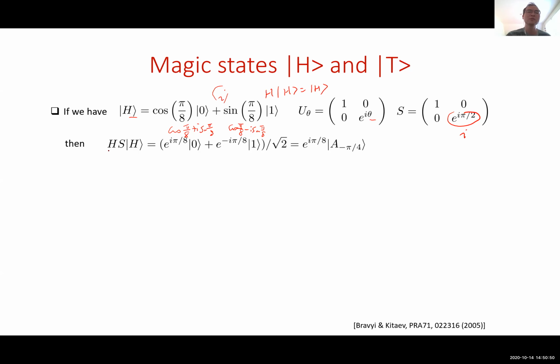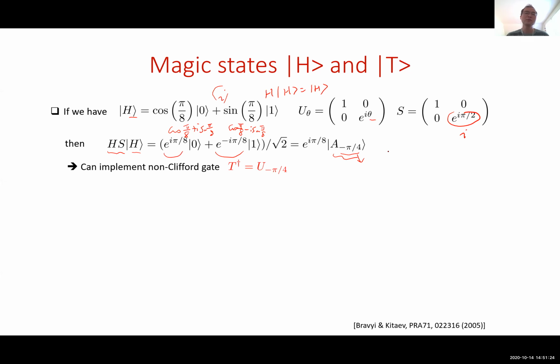Okay, so I'm explaining the action of this HS on the H state, and this turned into a phase e to the I pi over 8 and e to the minus I pi over 8. So if you extract the overall e to the I pi over 8, this is nothing but a phase state with the phase minus pi over 4.